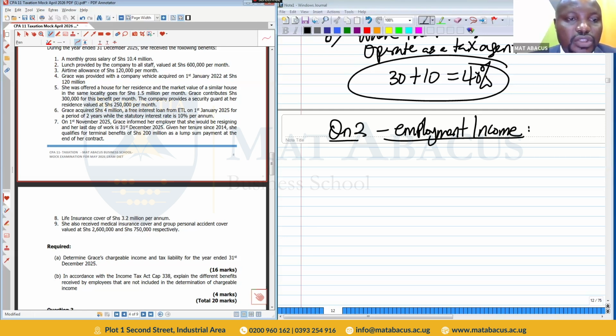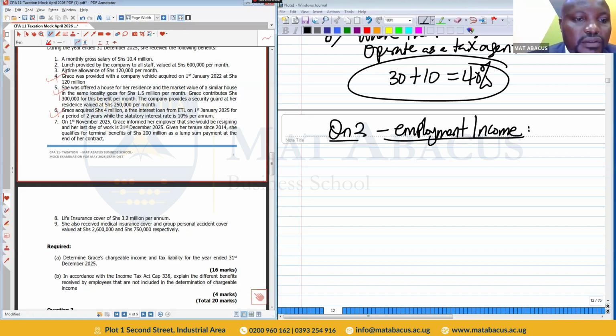So what you need to note here is that they give you benefits, and among the benefits they normally examine is motor vehicle benefit, then housing benefit, and then loan. These are the ones where they require computations. Others are just straightforward.